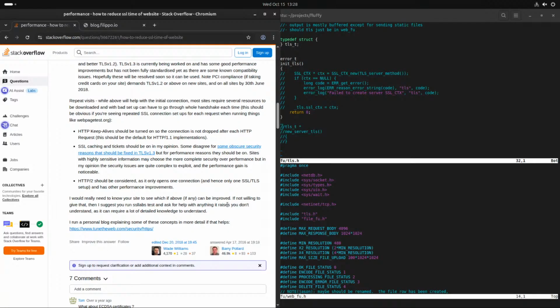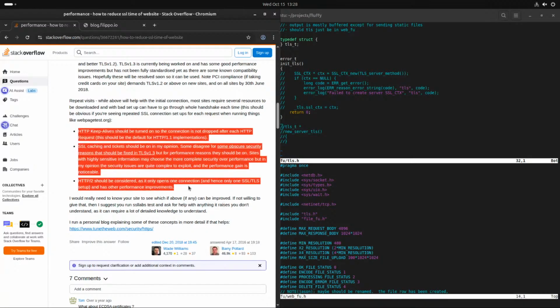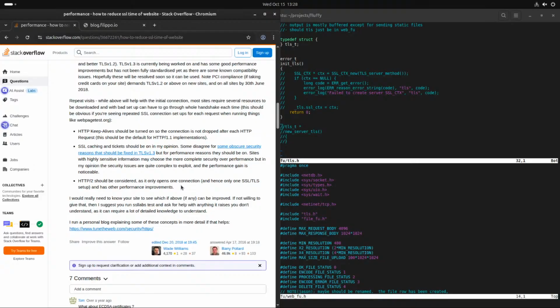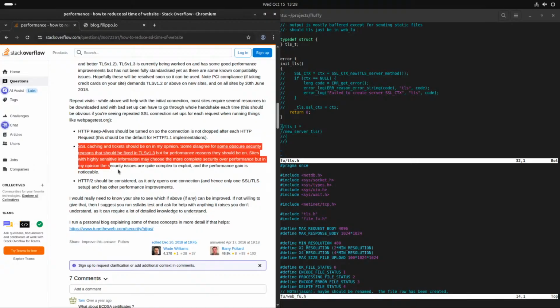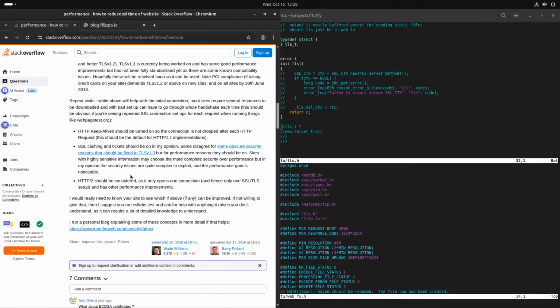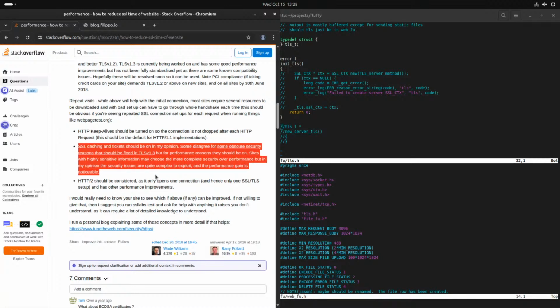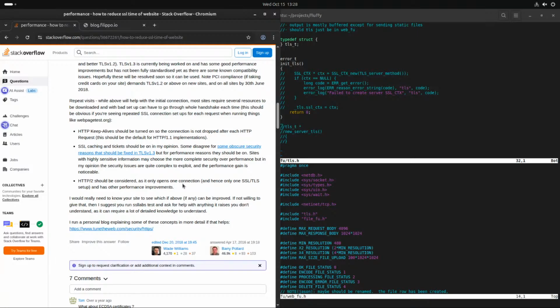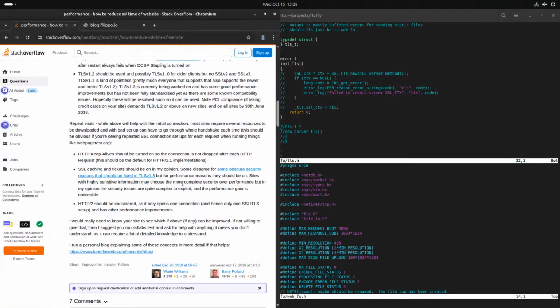So I think the ideal case is actually TLS 1.3 with this caching stuff turned off, sessions turned off. So you get the one round trip time, and that's probably good enough.